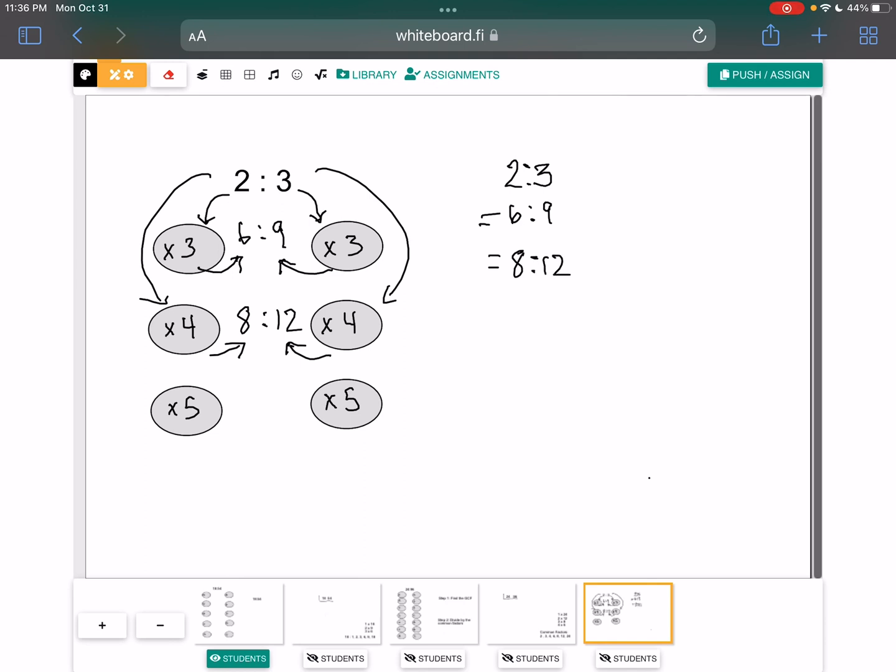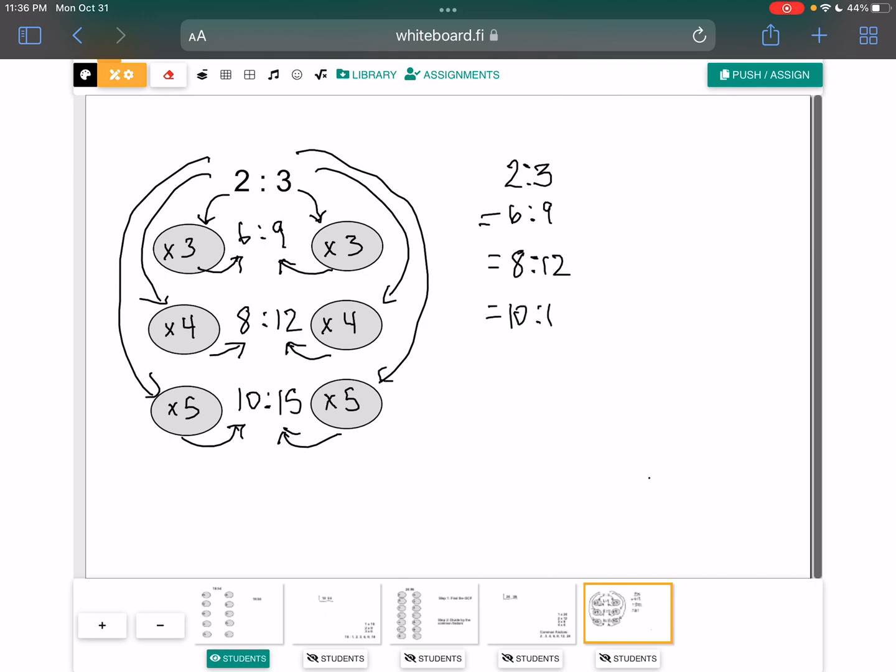So far, all of these are equivalent. And now we're going to multiply both terms by 5. 2 times 5 being 10, 3 times 5 being 15, and our equivalent ratio is 10 to 15.